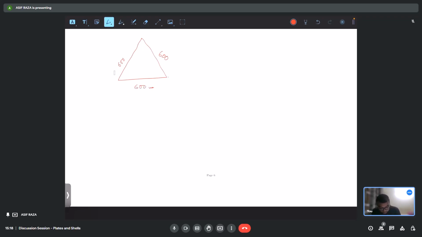So this shows that this would be an equilateral triangle. So the angle of inclination is 60 degree here also, right?